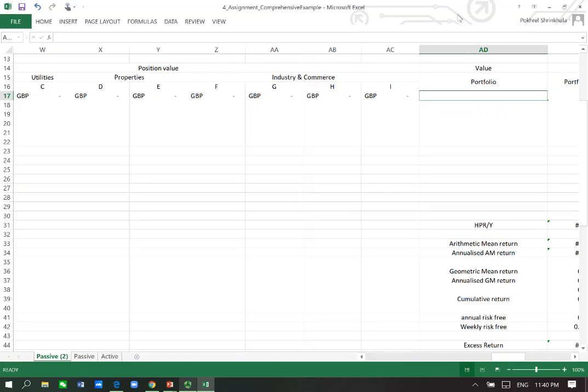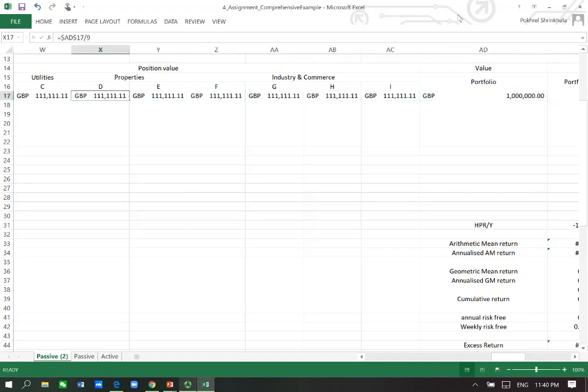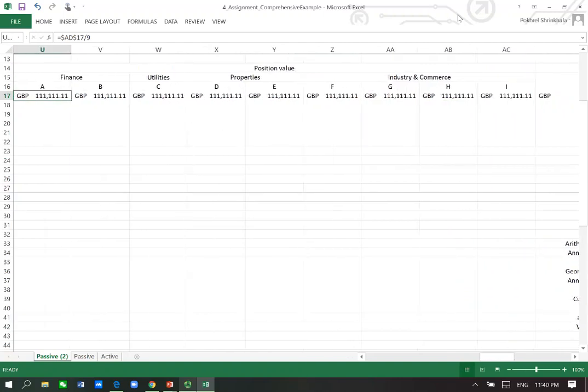So that is the amount I have. Now what I have said here for all these companies is I will be investing equally on each of these stocks.